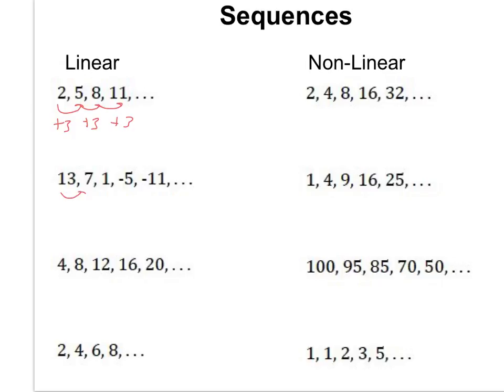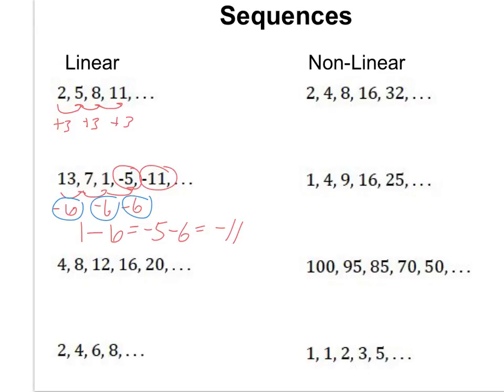Here, we're subtracting 6 every jump. Would you agree? 1 minus 6 is going to give us a -5. And if we subtract 6 more, that's going to give us a -11. So we're subtracting 6 at each jump.